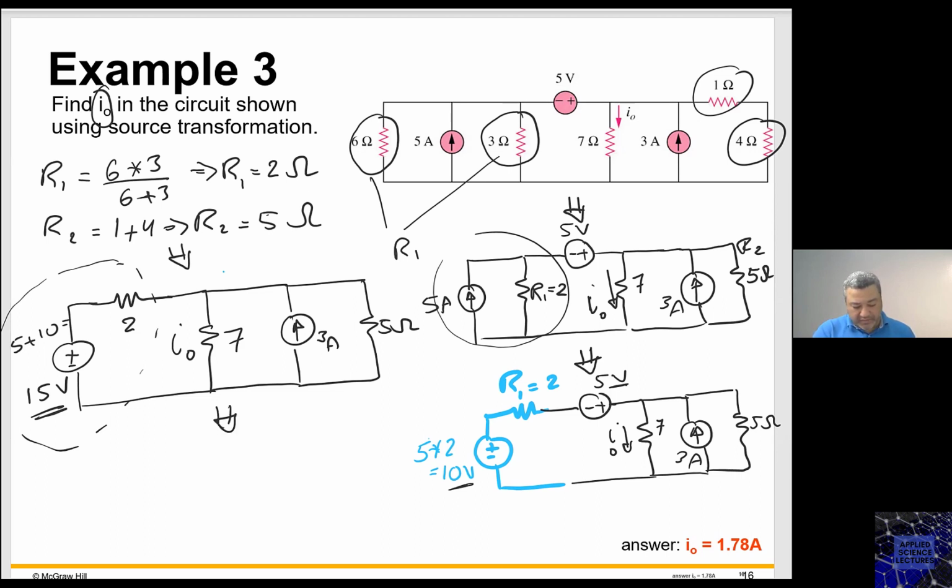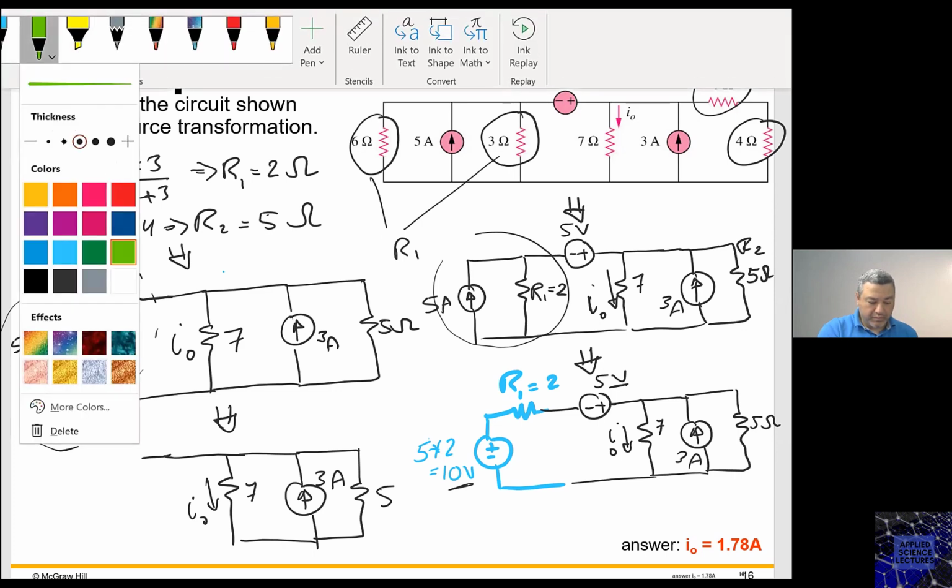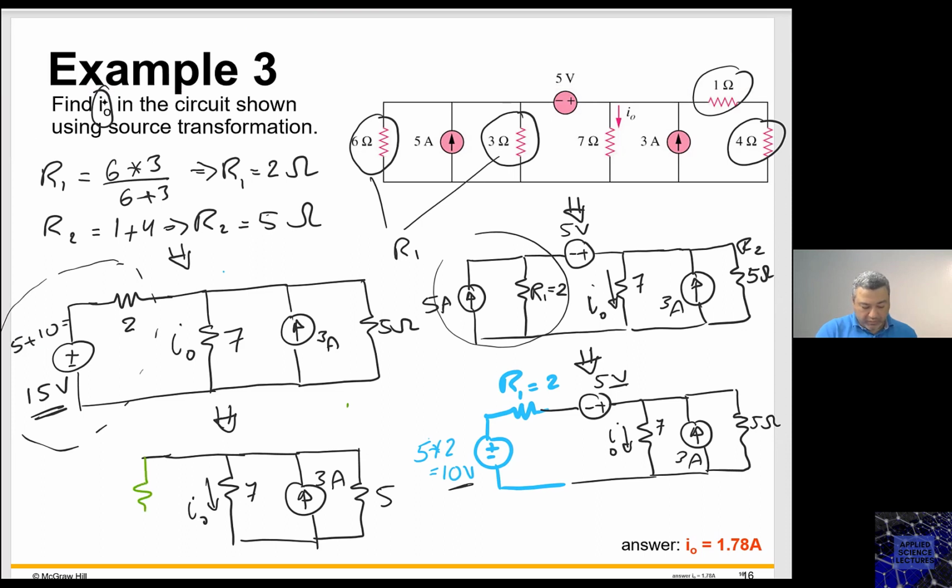In this case, what is the current? 15 divided by 2 equal 7.5 ampere.